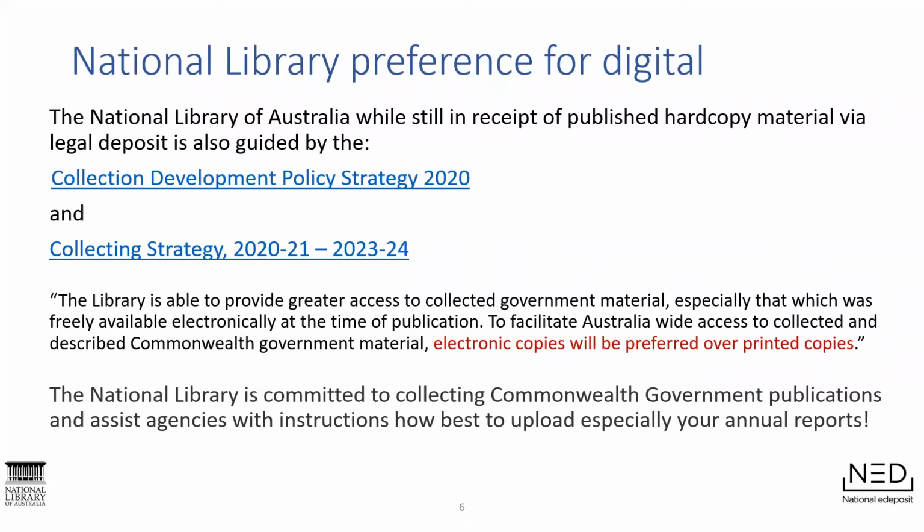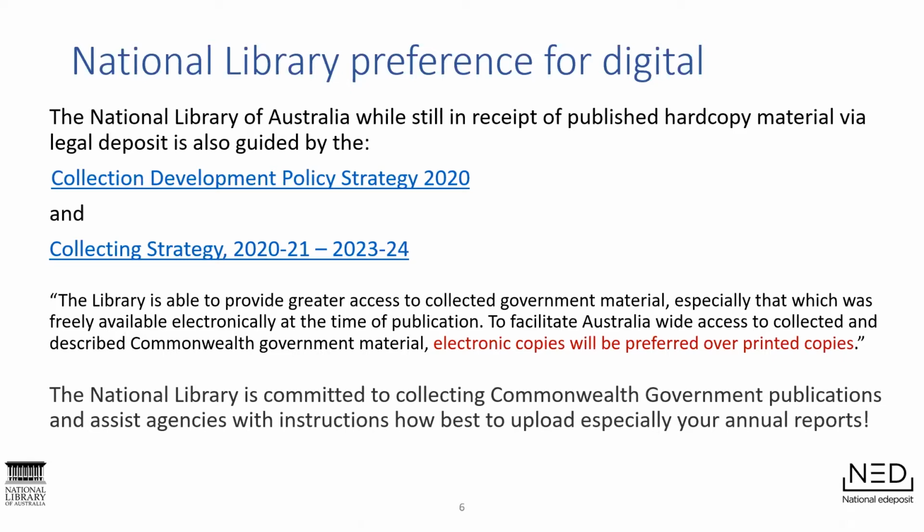The National Library currently receives Commonwealth material in both hard and digital formats, however, does prefer to receive the digital version of Commonwealth and parliamentary publications. The Senate Tabling Office is currently depositing all parliamentary papers from 2017 through to 2020.